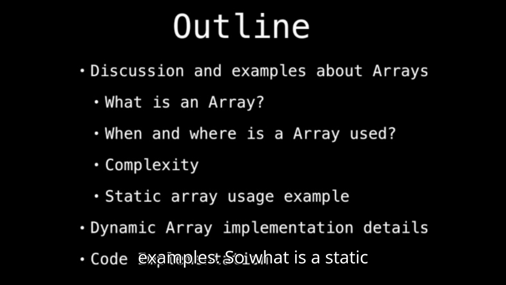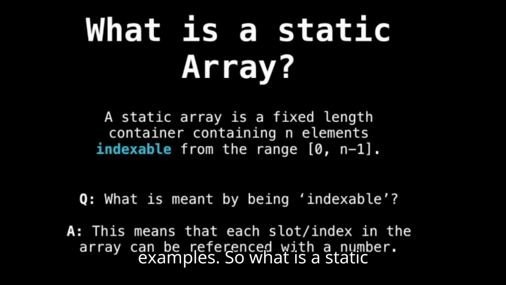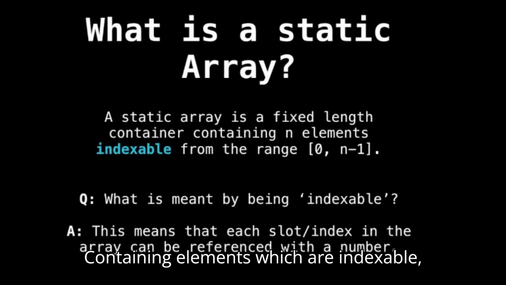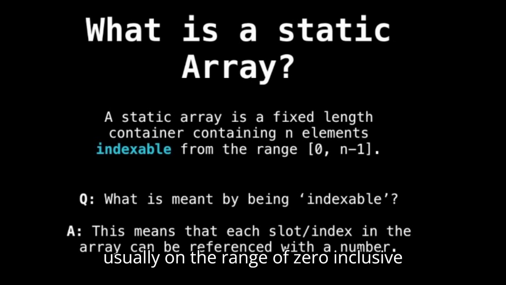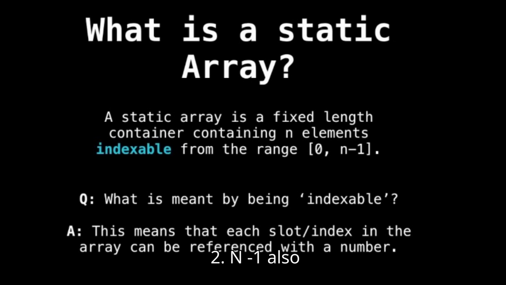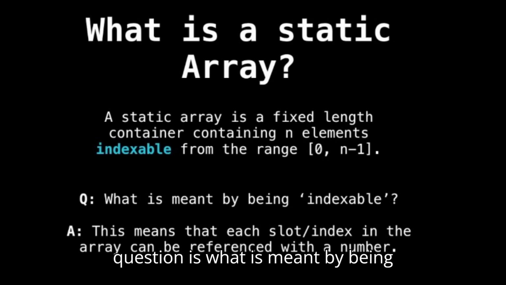Discussion and examples. So what is a static array? A static array is a fixed length container containing elements which are indexable, usually on the range of 0, inclusive, to n-1 also inclusive. So a follow-up question is what is meant by being indexable?